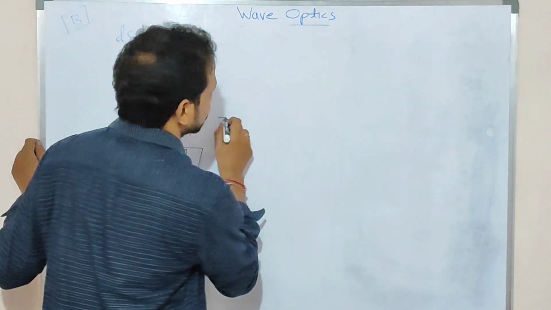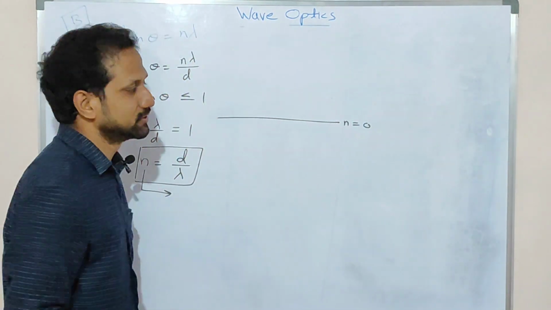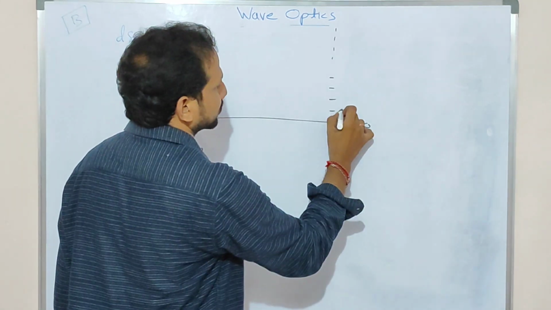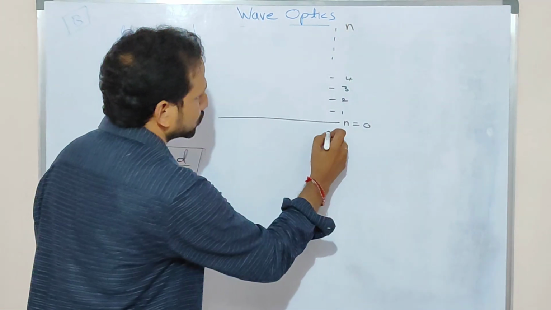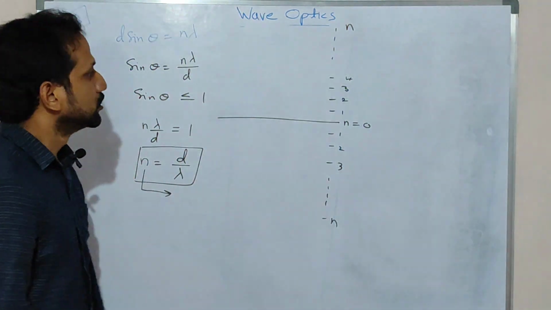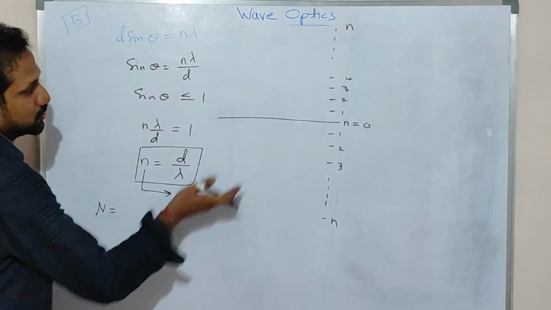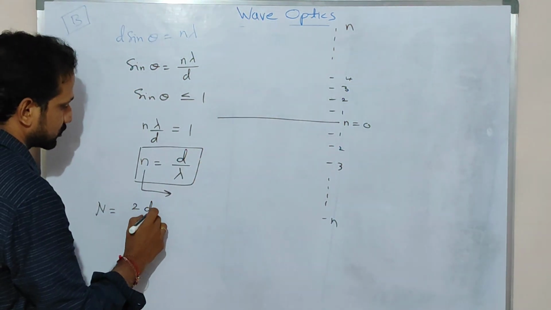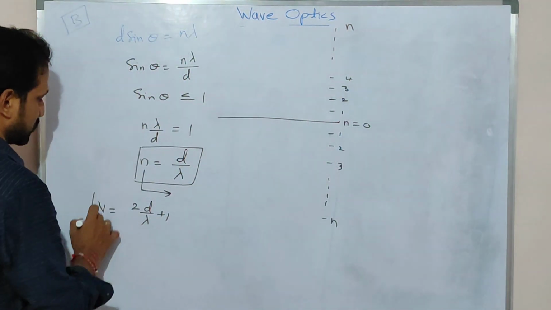If you consider a reference level, n equals 0 in the interference pattern, then n equals 1, 2, 3, 4 and so on will be there above, and below also there will be 1, 2, 3 and so on up to n. So the total number of bright fringes is these many above and these many below, so 2 times d by lambda, plus the n equals 0 is one more bright fringe. I hope you got it.